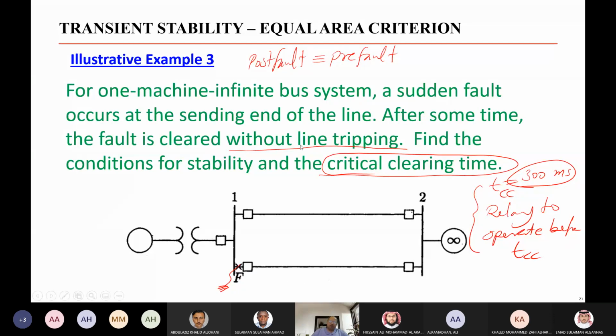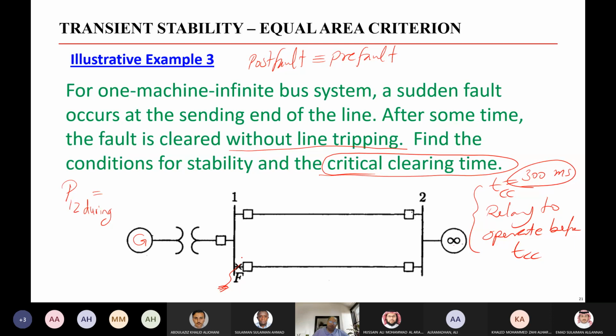As we mentioned, without line tripping, the post-fault equals the pre-fault. But let me ask you, during the fault, can we derive the swing equation? In other words, how much is B12 during the fault? How much power is transferred between the generator and the infinite bus during the fault?